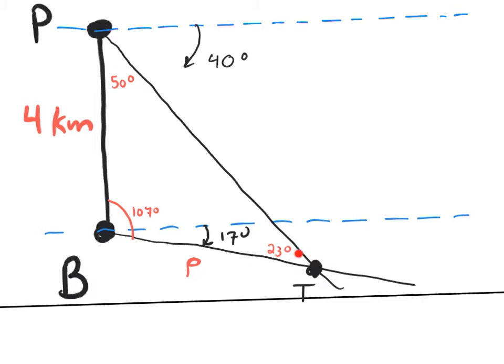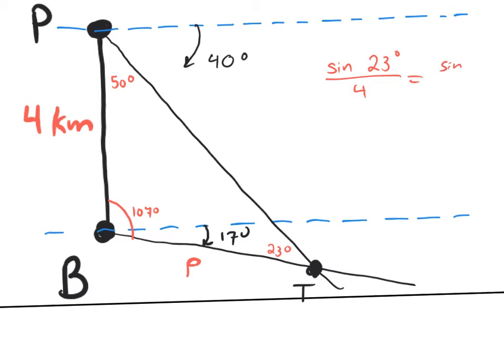Now I have 23 degrees and my 4 kilometers. So the sine of 23 degrees is over the 4. And this next one, since I'm finding this P here, I'm going to go opposite this angle measure P there.